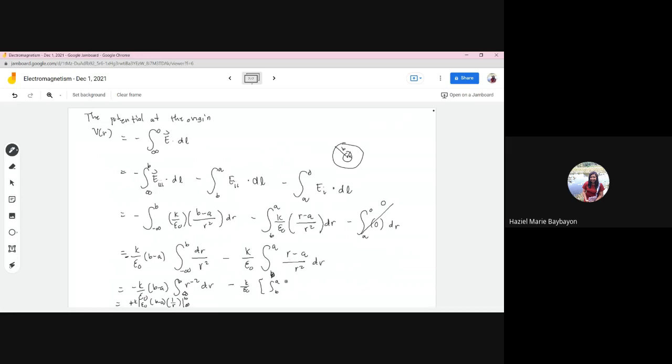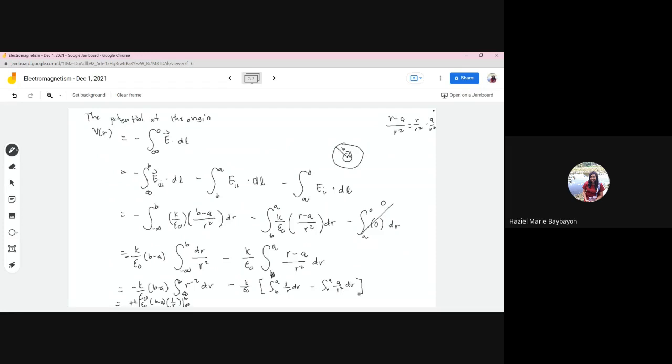We can write this r minus a over r squared as r over r squared minus a over r squared. So, r over r squared is 1 over r dr, minus the integral from b to a of a over r squared dr.